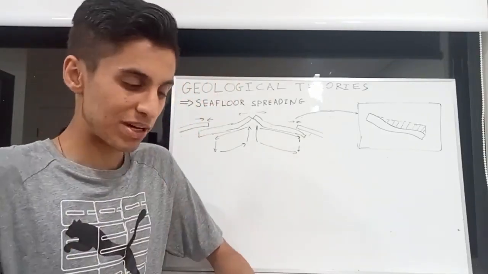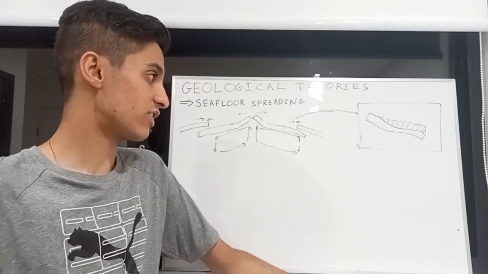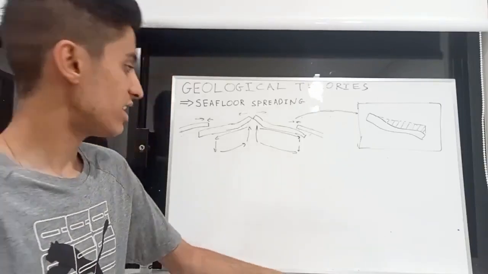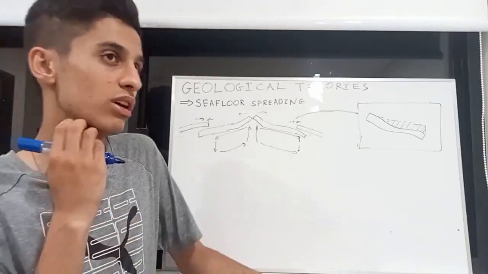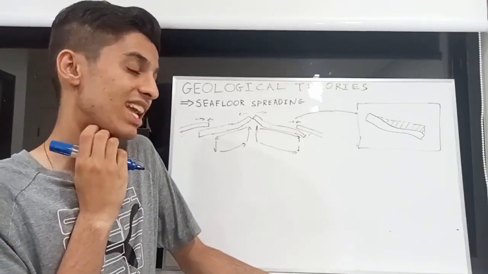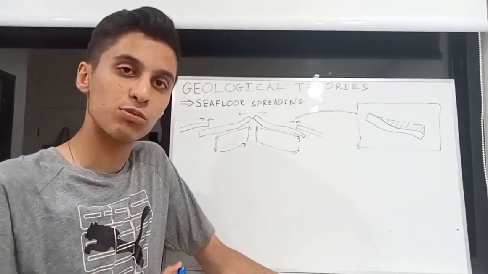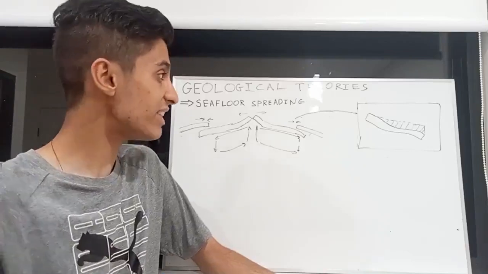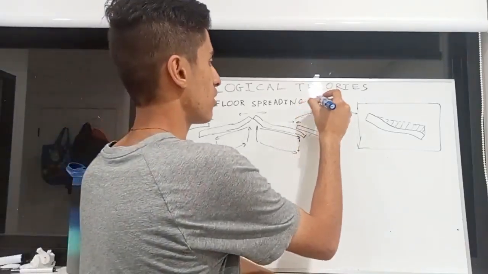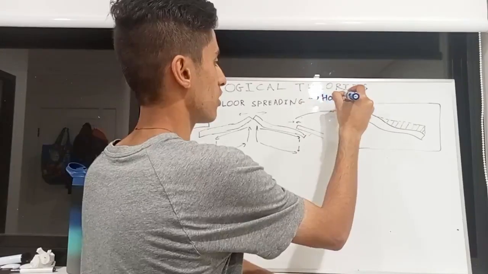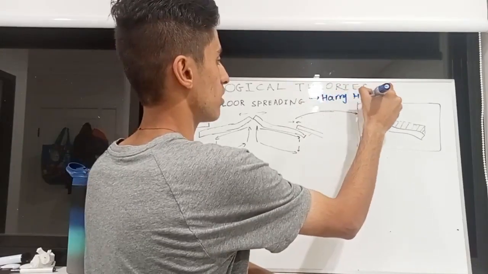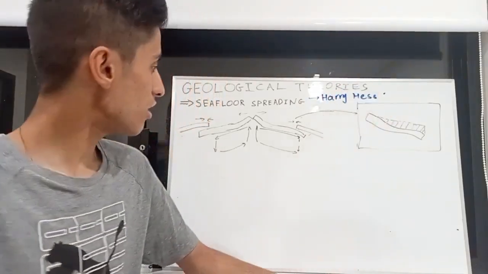As I said, seafloor spreading is just a remodeling of the convection current theory. It's just convection currents applied to the sea. Now this theory was proposed by a man called Harry Hess.